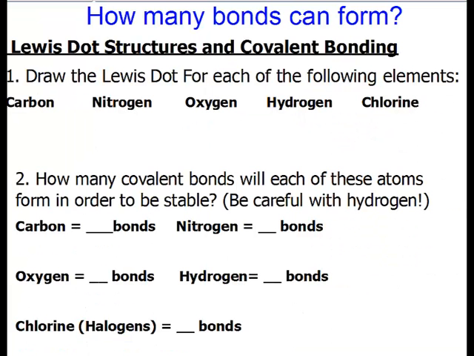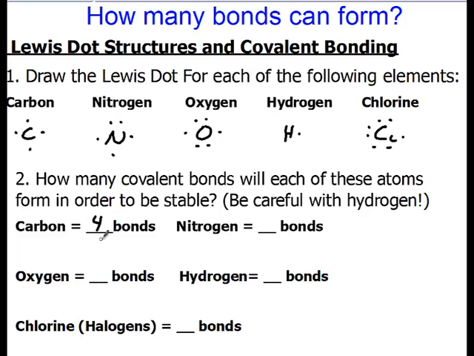Last thing to kind of introduce us here is the number of binding sites. So if you think of carbon, it has 4 valence electrons. Nitrogen has 5. Oxygen has 6. Hydrogen has 1. Chlorine has 7. So if you look at each one of these elements here, that means carbon can gain 4 bonds. It can have a total of 4 bonds in order to fill these up.